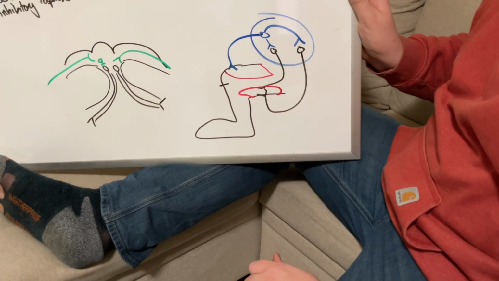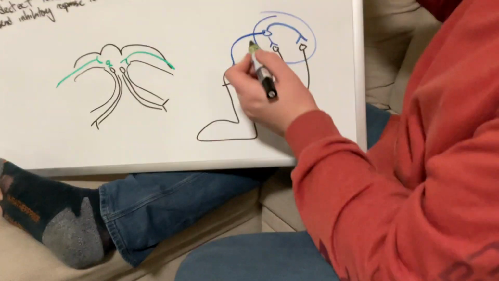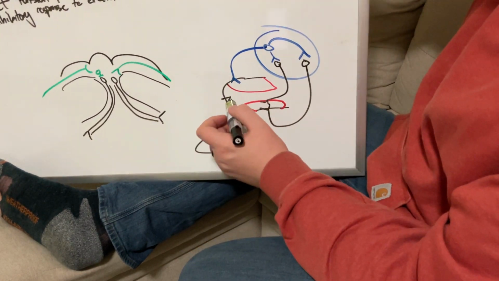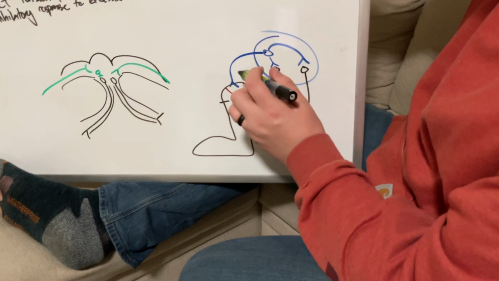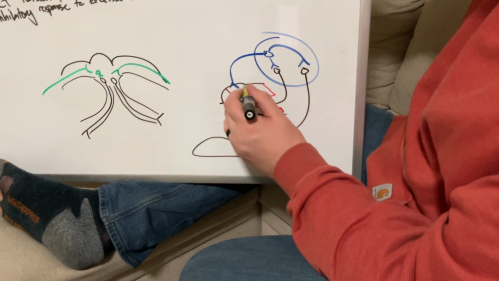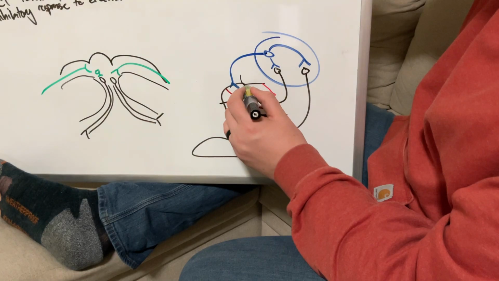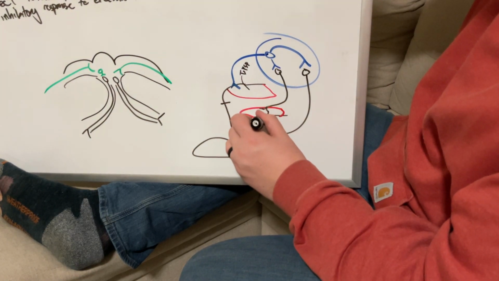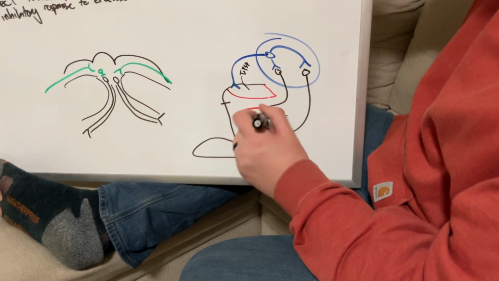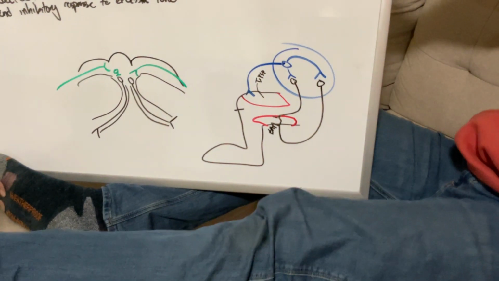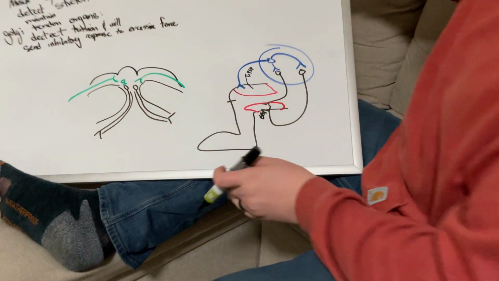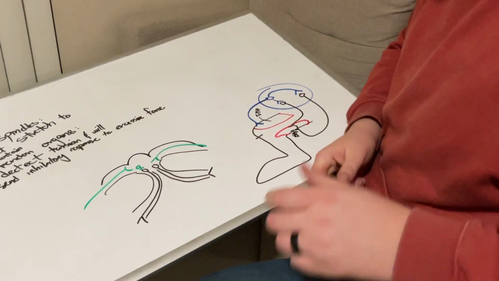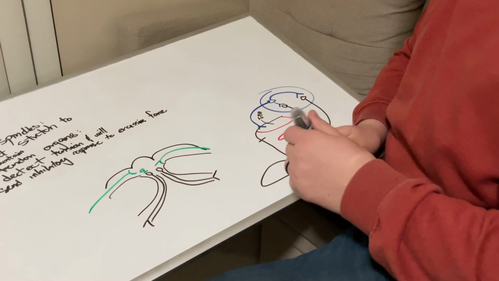It'll cause a signal to be picked up: hey, we got hit, and the spinal cord will release an EPSP saying for this muscle to relax, and here would be the EPSP to contract. So as we're relaxing, this other muscle, our hamstrings, is contracting. So that's that.